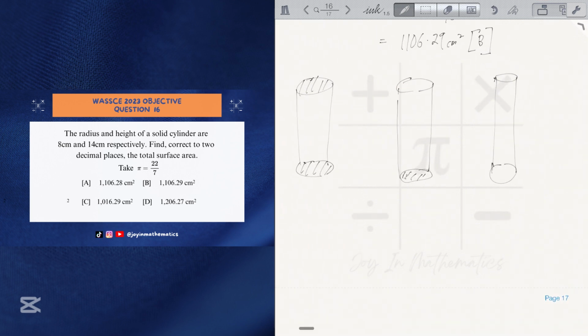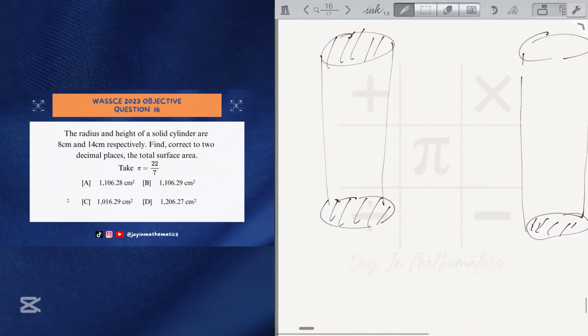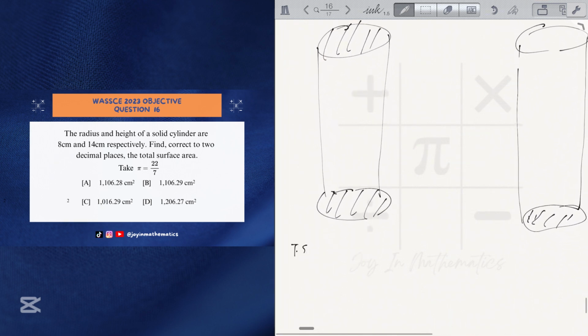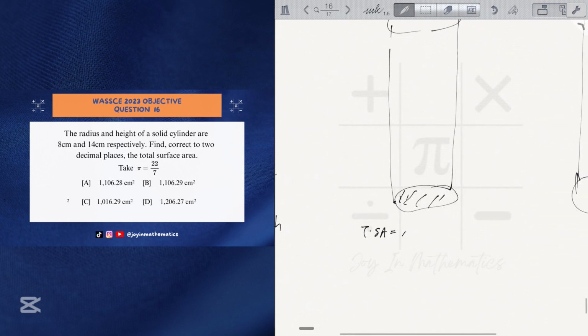So the total surface area of a cylinder that is closed at both ends is just similar to the question we solved, which will be 2 pi r squared, the 2 circles, and the embedded rectangle, plus 2 pi r h. And in this case, it is just a single circle, so the total surface area here will be pi r squared plus 2 pi r h.